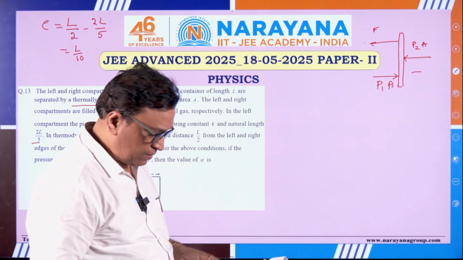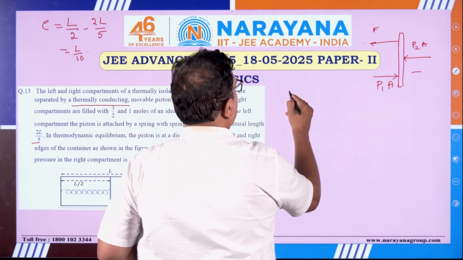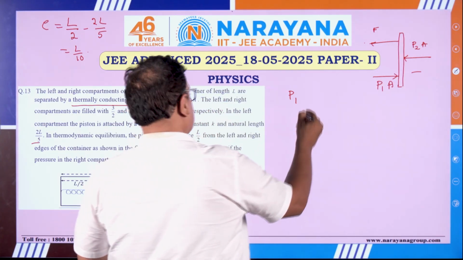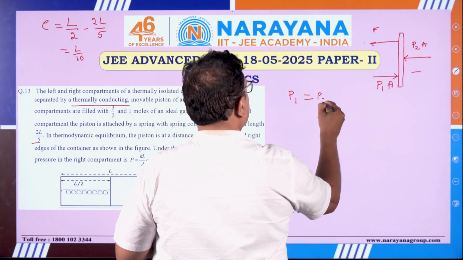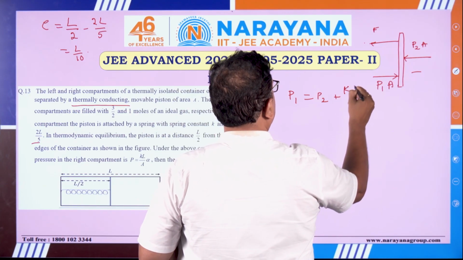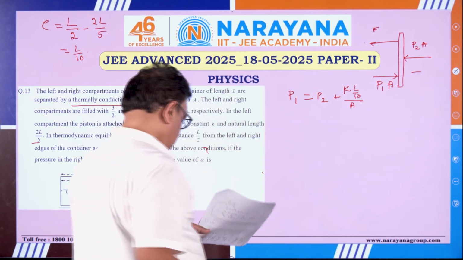So this allows me to write P1 is nothing but P2 plus force KL by 10 by A.